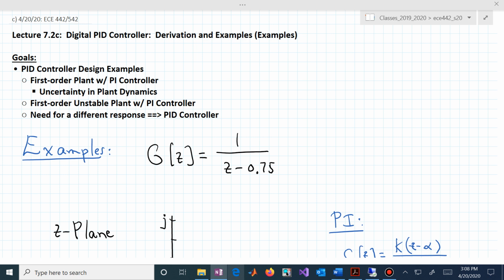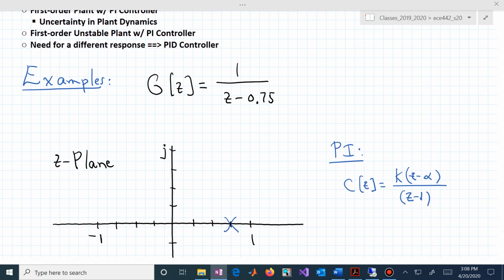As I said, let's look at a stable plant. It has a pole at 0.75, and if we wanted to, we could ask what happens in the closed loop with a P controller.